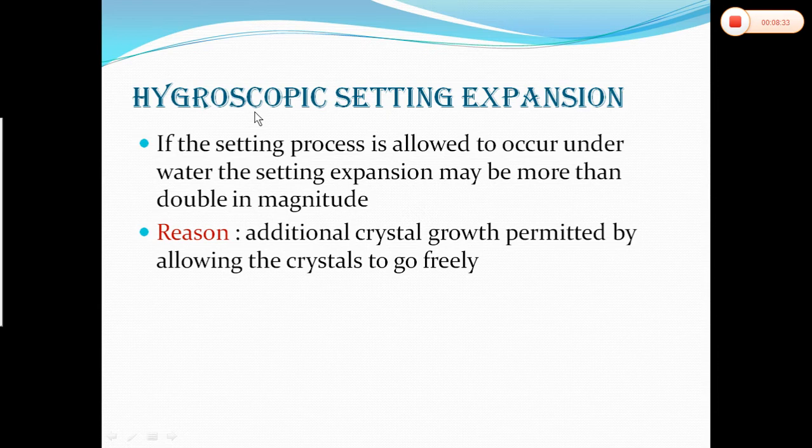Remember, if expansion takes place at normal temperature, it is known as normal expansion. If expansion takes place in the presence of water, or after the initial set the impression is placed underwater, it leads to more expansion. That is known as hygroscopic setting expansion.